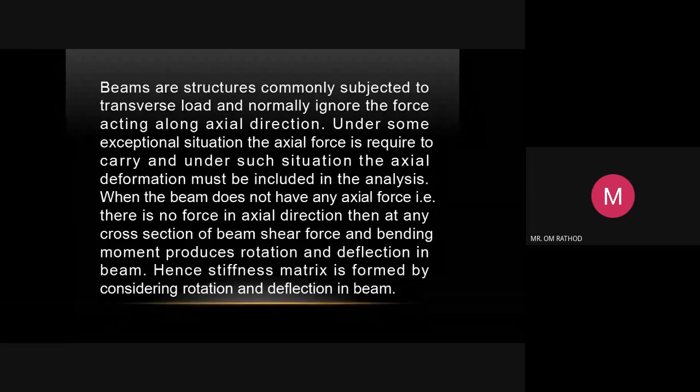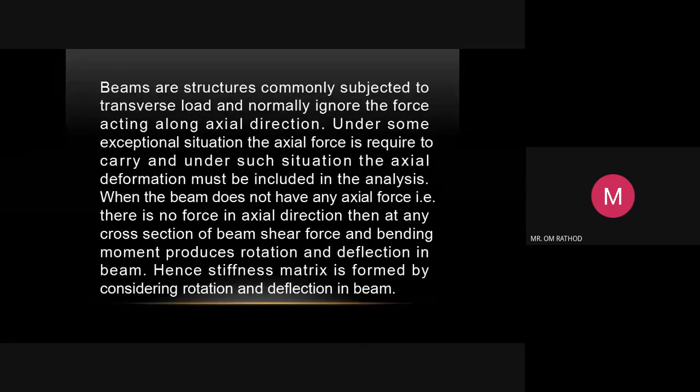As there is a bending moment, there will be the rotational displacement, and due to that, the possible displacement in case of beam is only two types: the displacement along y direction and the rotational displacement along z direction.